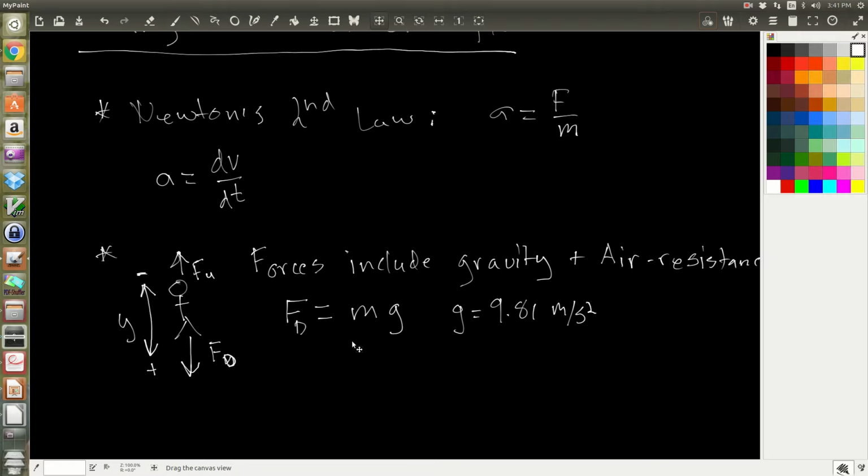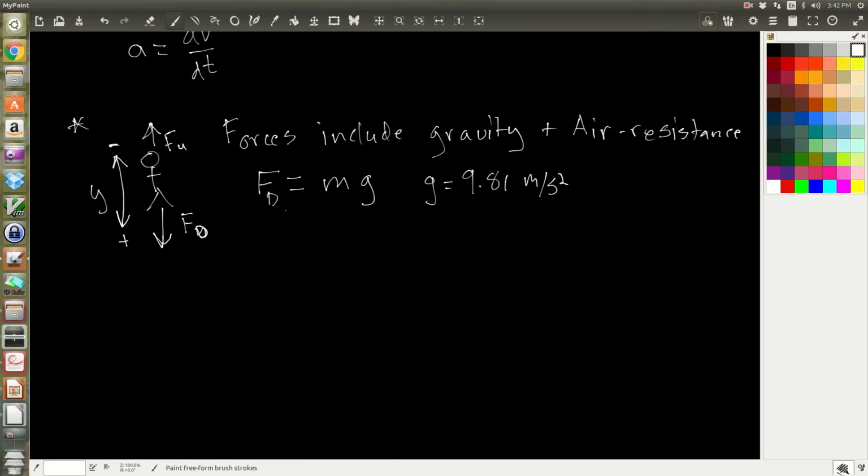And then let's model air resistance with a linear model for air resistance. Linear meaning we're going to set it equal to some coefficient, the drag coefficient c, times the velocity. So this is linear because the velocity is not raised to any power.